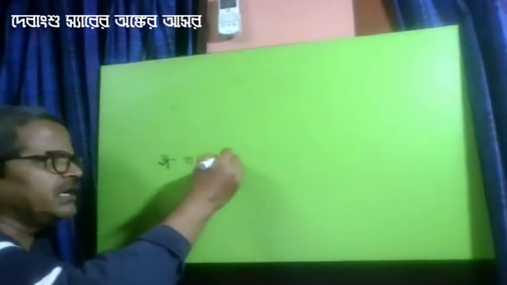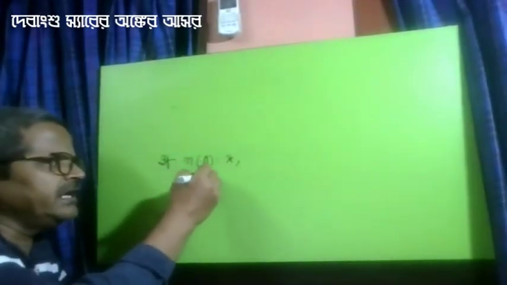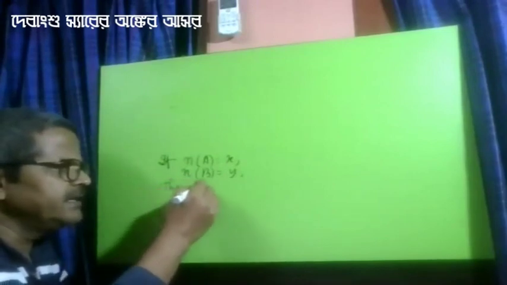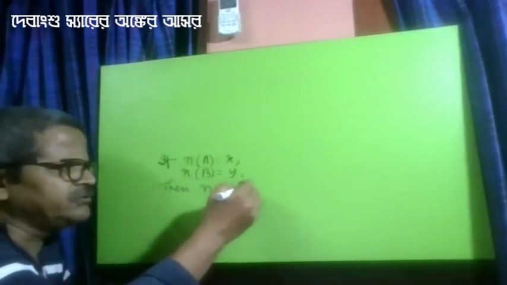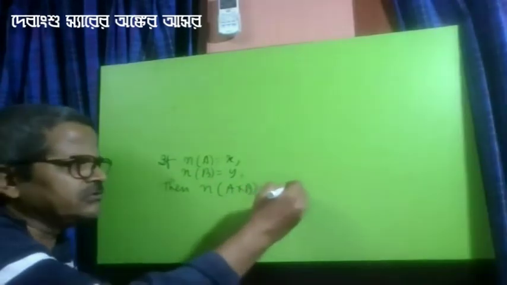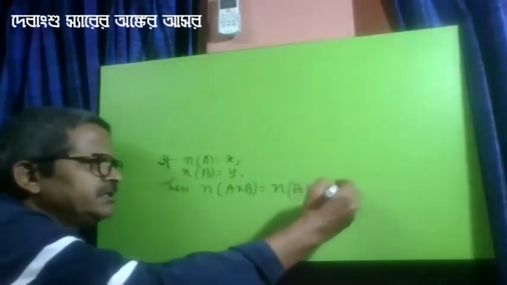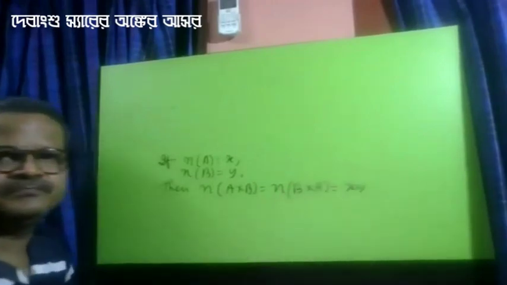If n(A) is equal to x, n(B) is equal to y, then n(A×B) is equal to n(B×A) is equal to xy.